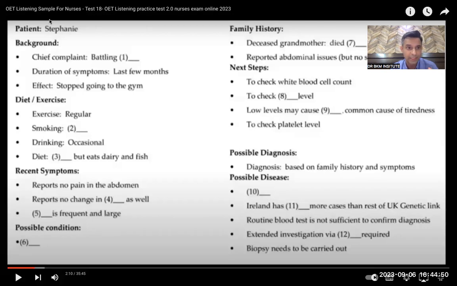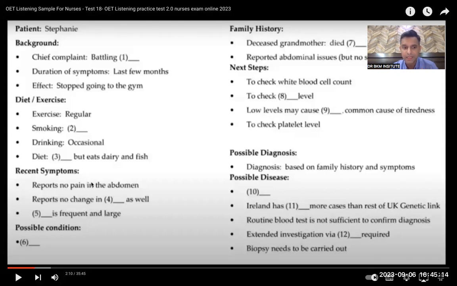So first of all, I'm just reading: Stephanie, chief complaint, battling, duration of symptoms, affect, diet, exercise, smoking, drinking. For smoking, I know whether it would be regular, occasional, or whatever the word. So I can predict the words. It can be regular, it can be chronic, something like this. There would be some chief complaint regarding battling some disease.